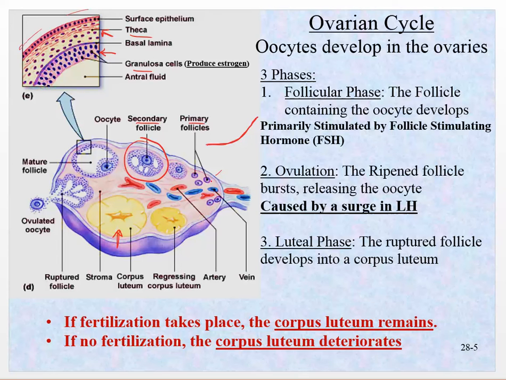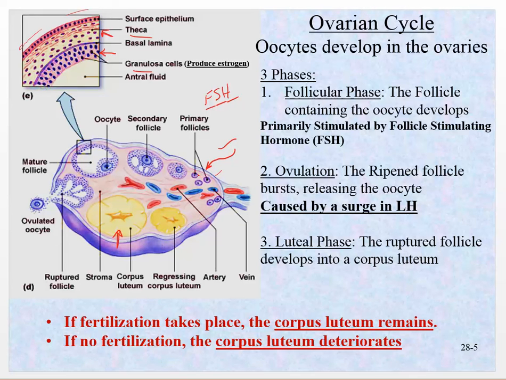It varies. What causes that to happen? Do you remember from the males? FSH, follicle stimulating hormone. It makes complete sense. A slight increase in follicle stimulating hormone will tell follicles to start to develop.